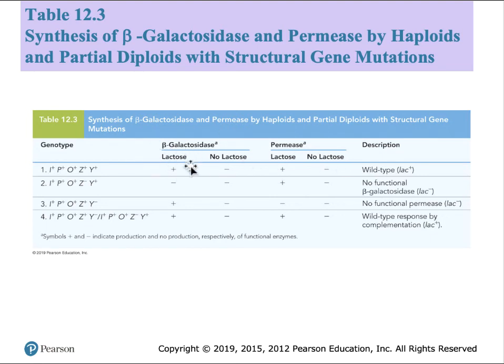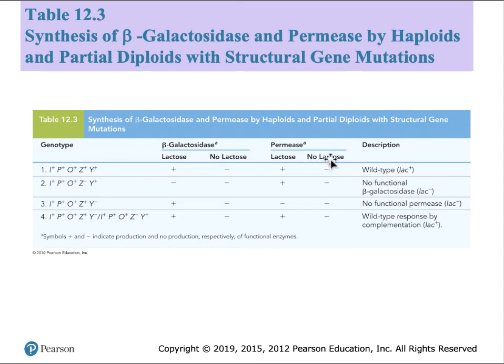So when lactose is present, then we will get the beta-galactosidase produced. When there's no lactose, then we won't get beta-galactosidase. Likewise, this section here refers to permease. When lactose is present, permease will be produced from the Y gene.